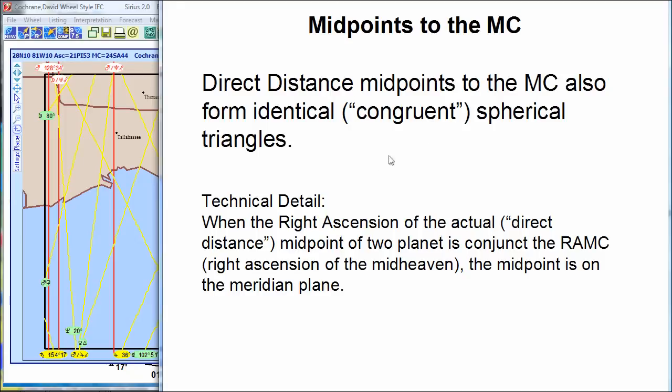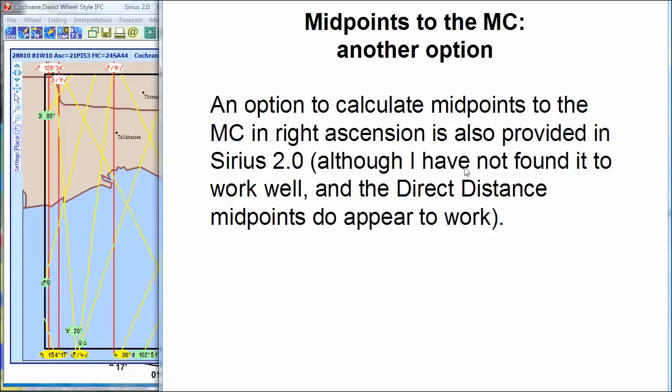And in the Series 2.0 software, I also added an option to calculate the midpoints to the midheaven using equal distances in right ascension, just because some people may find that might be intuitively more appealing. I've experimented with these on many dozens of people, and the direct distance midpoints do seem to really work, and I will show you an example of that.